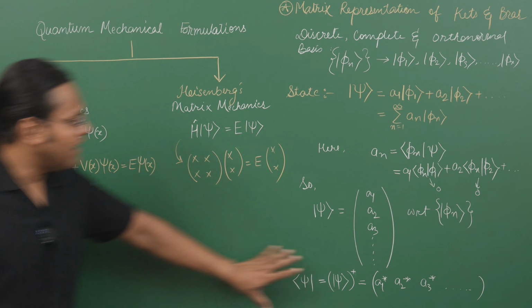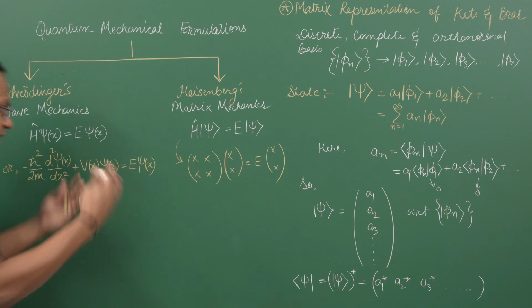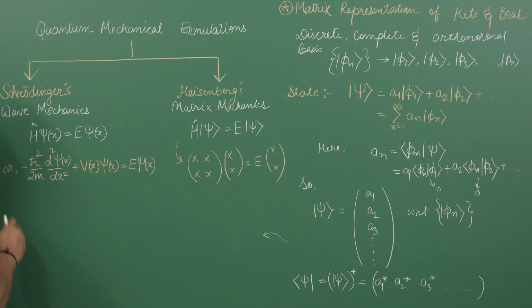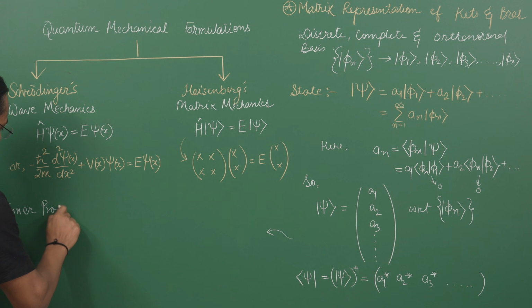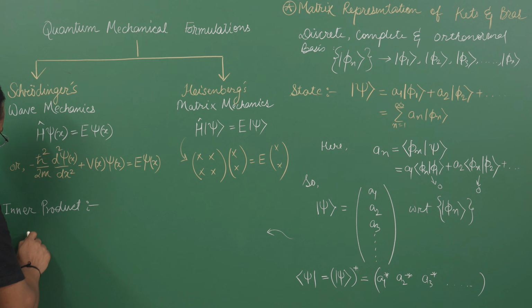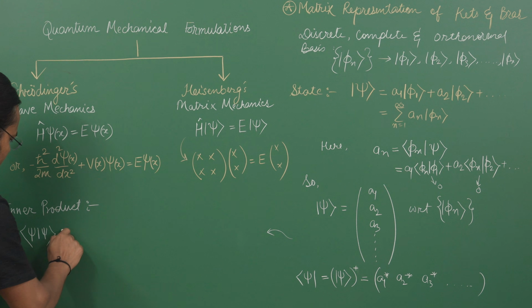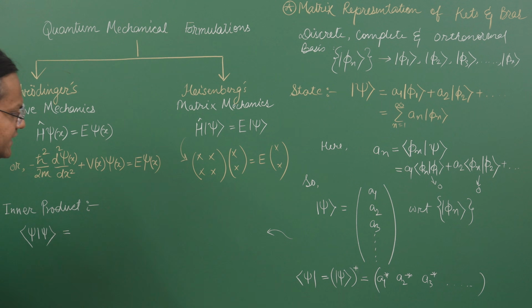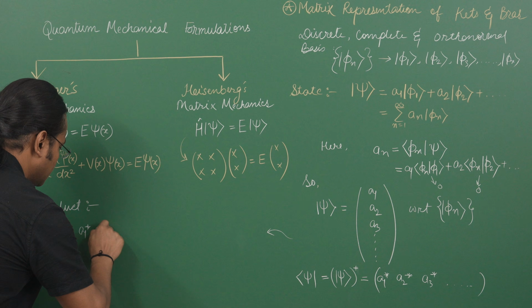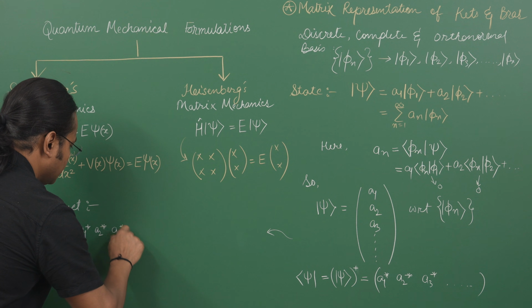All right. And the moment we define them in this particular manner, various other operations quite simply follow. So for example, if I want to describe the inner product, right? So for example, the inner product between psi and psi itself, let's suppose. I could have taken a different state as well, but I think the idea is easily understood from here. Then this is simply nothing but a1 star, a2 star, a3 star.